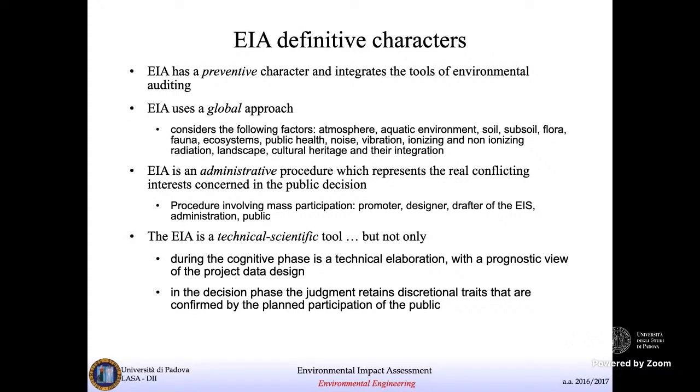So what are the defining characteristics of these environmental impact assessment procedures? These procedures have a preventive character and integrate the tools of environmental auditing. Environmental auditing was the first way developed countries, modern countries, tried to implement protective actions for the environment.